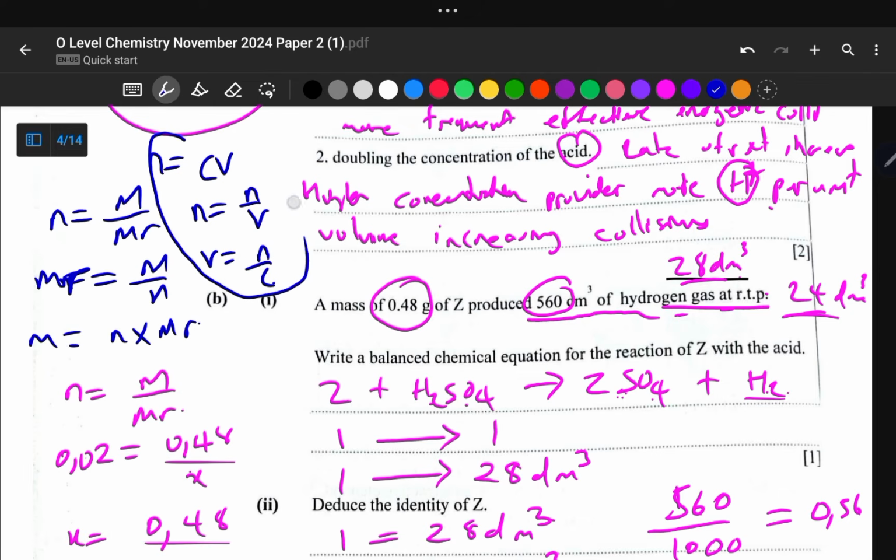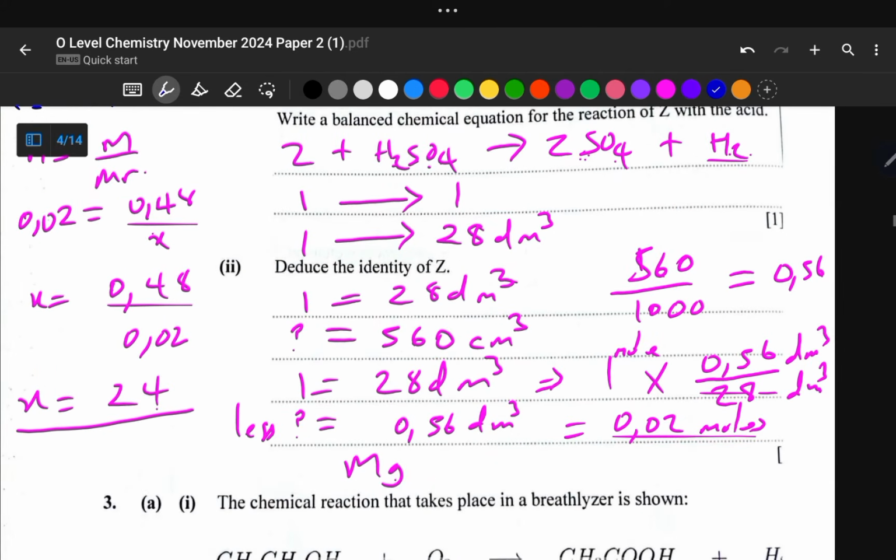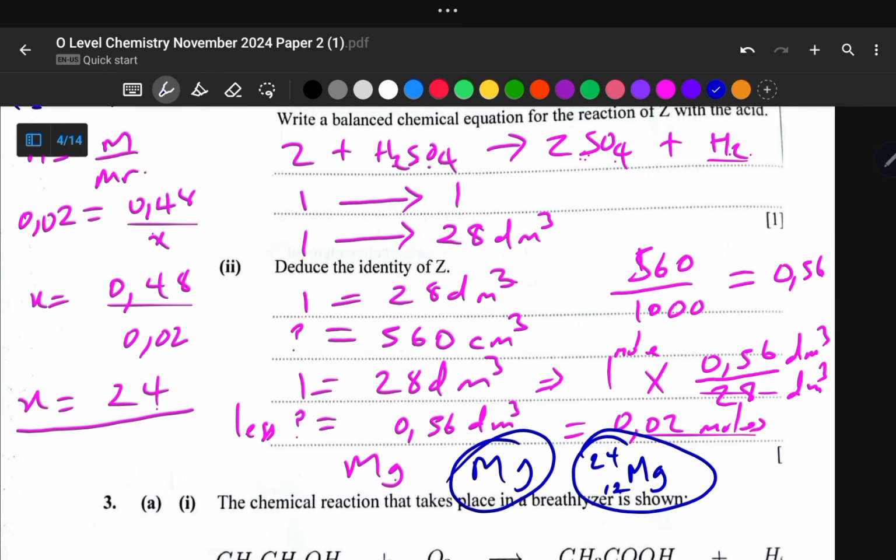You need to know these equations for your stoichiometry, right? So the identity of M is the magnesium metal, right? With the relative atomic mass of 24 and the atomic number of 12. So for magnesium, the nuclide notation, this is the magnesium atom, right?